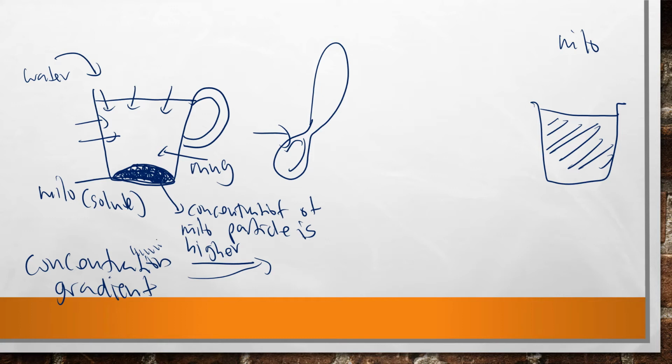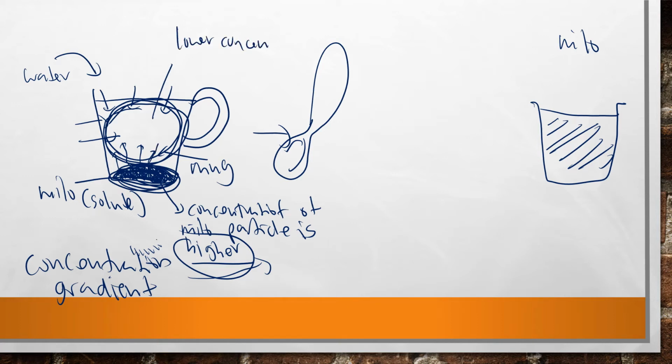So, mengikut teori daripada diffusion, okay, particle will diffuse from higher concentration gradient. So this is what is known as higher concentration gradient to lower concentration gradient. So the place where there is no Milo particle, which is over here, is known as lower concentration gradient of Milo.